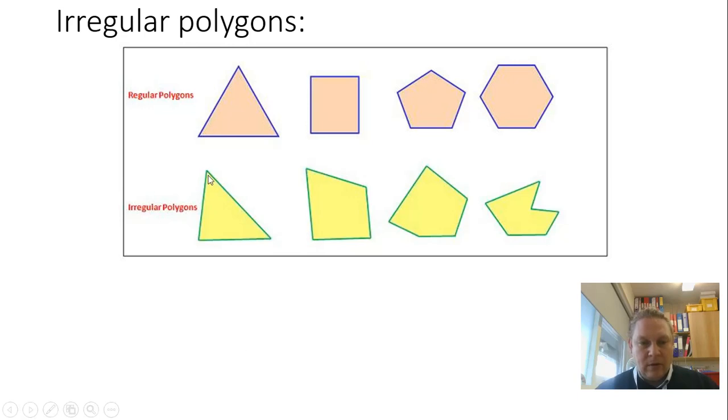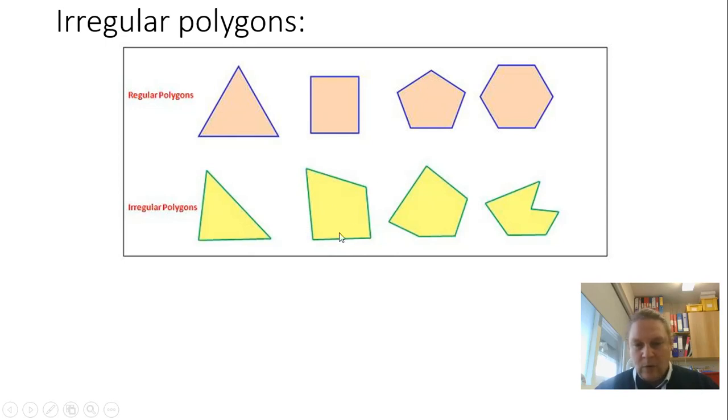Irregular polygons. If we look at our triangle here, we've got a different angle, haven't we? We've got a larger, wider angle in this part of the shape, and then we've got a narrower angle. So this part of the shape is narrower than this part.